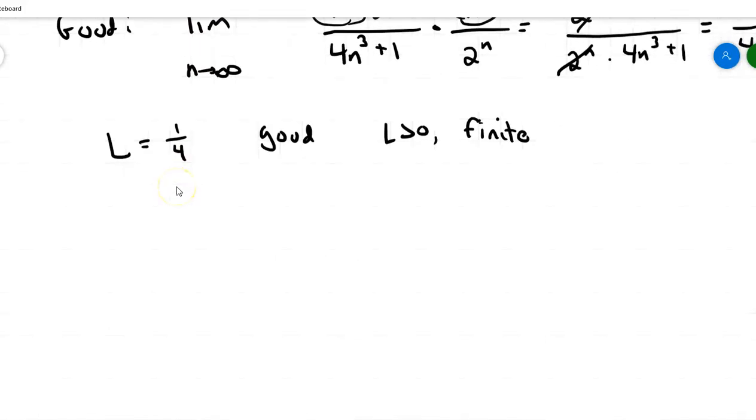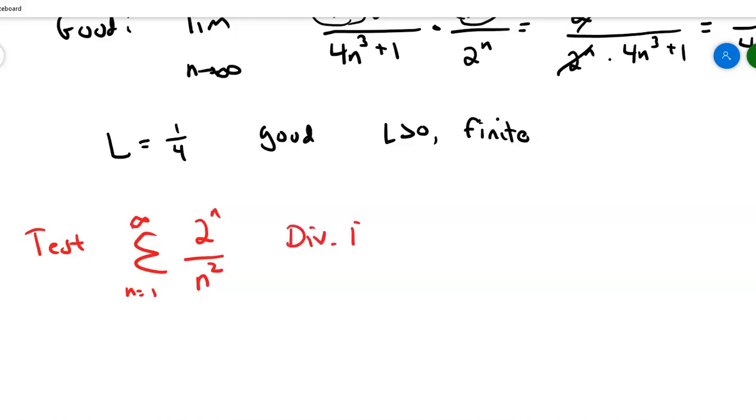So now I've got to actually test the other one. I've got to test the sum from n equals 1 to infinity of 2 to the n over n squared. Well, that doesn't look like anything that's terribly fun to do until you realize that one test we have that's as easy as can be, the divergence test.